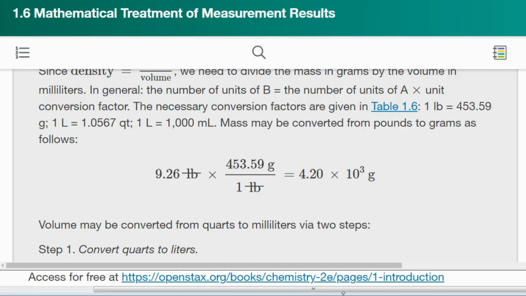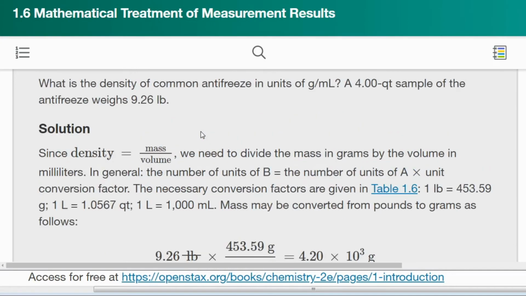They provided it: 1 pound equals 453.59 grams.